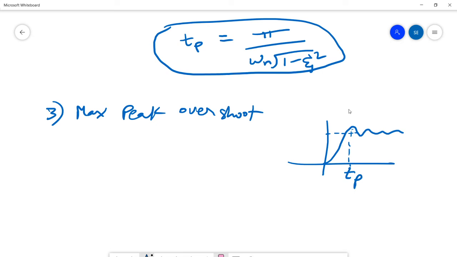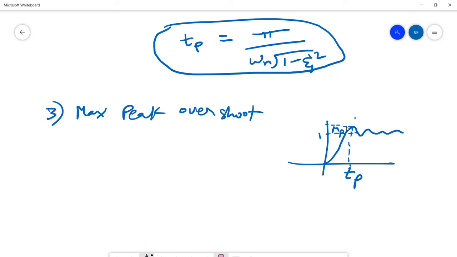At Tp, whatever the value you are getting in a gain, this is nothing but Mp. The deviation from the actual value to the obtained value, the actual measured value and the true value. Expected is 1, but it is going beyond 1 and reaching somewhere at 1.5 or whatever. So this difference is actually the maximum peak overshoot.